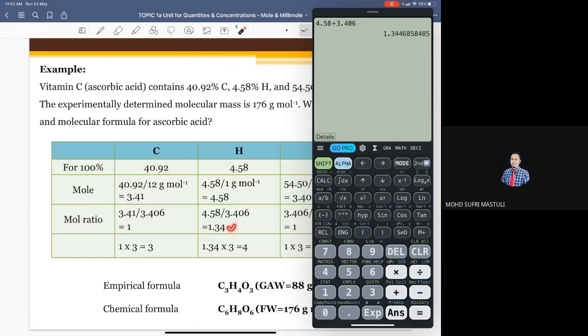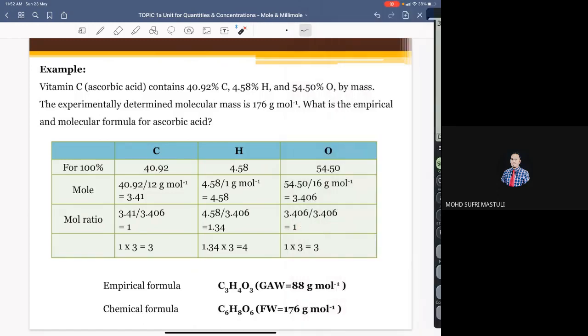You cannot round that up because it's too far. Last but not least, 3.406 divided by 3.406 is equivalent to 1. So now the mole ratio is 1, 1.34, and 1.